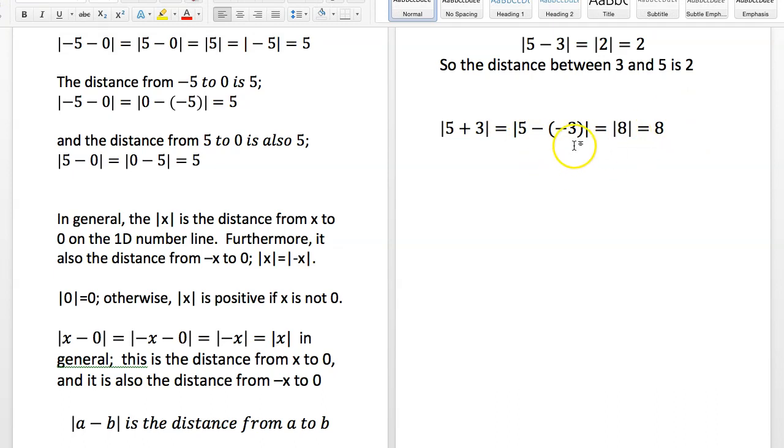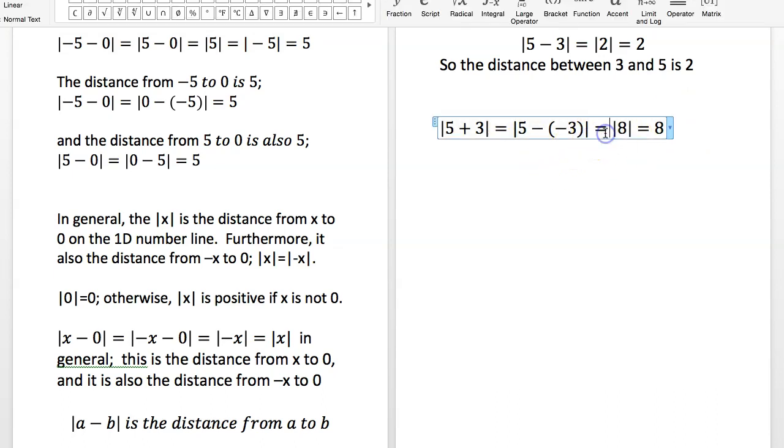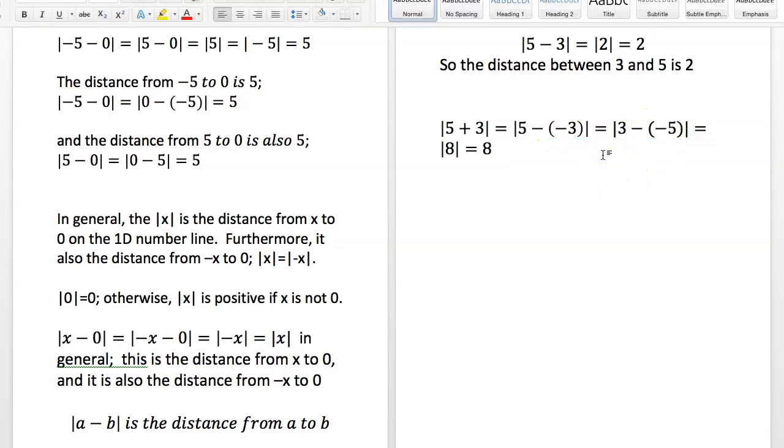Well, you have another choice. You could use the other twin, which is 3 minus neg 5. So you could either do 5 minus neg 3 or 3 minus neg 5. So what about it?